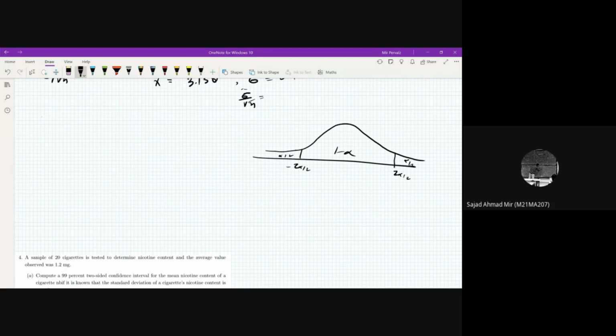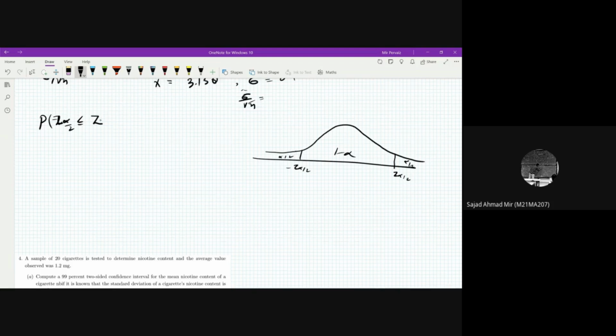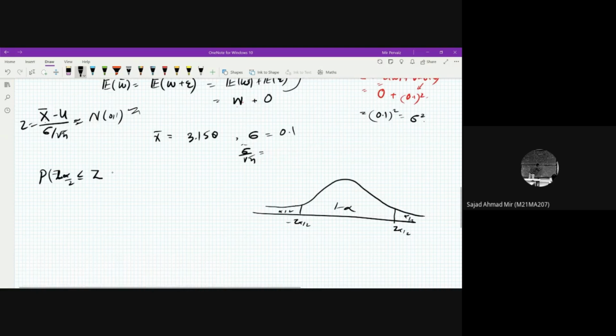We say that with probability, minus z alpha by 2 is less or equal to my original z, which is less or equal to z alpha by 2. This probability should be equal to 1 minus alpha, which is 90%. What is the value of alpha? Alpha is 0.1, so alpha by 2 will be 0.05.